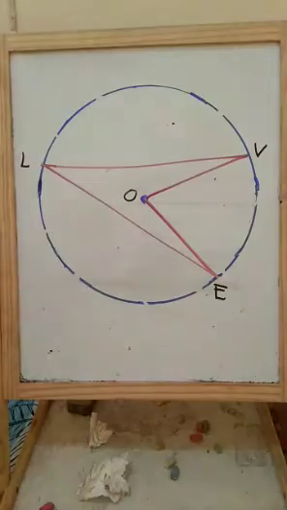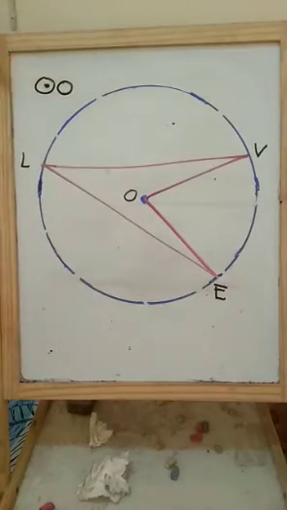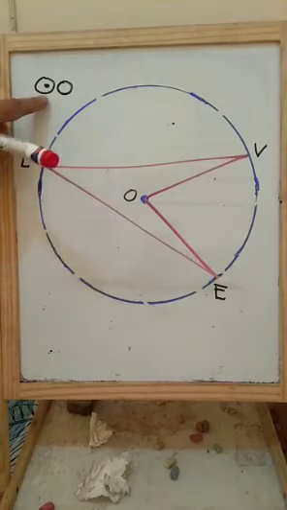Okay? But first, let's have again the definition of an inscribed angle and how it is different from a central angle. So let's have this illustration here. Let's have here circle O. Okay, declare lang natin na circle O. So, if you will notice, iba ang symbol na ginagamit natin for circle.